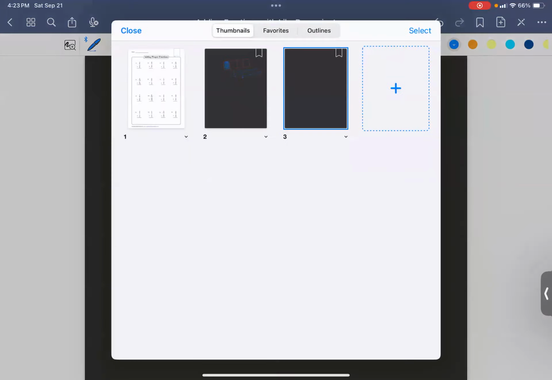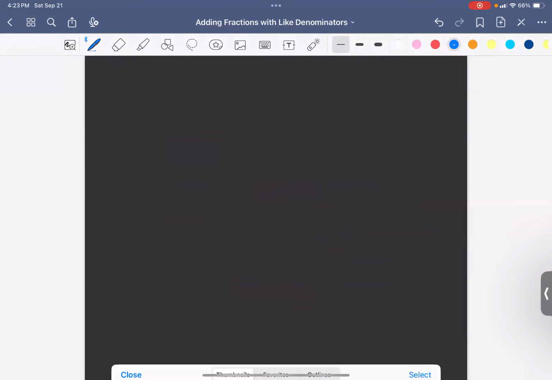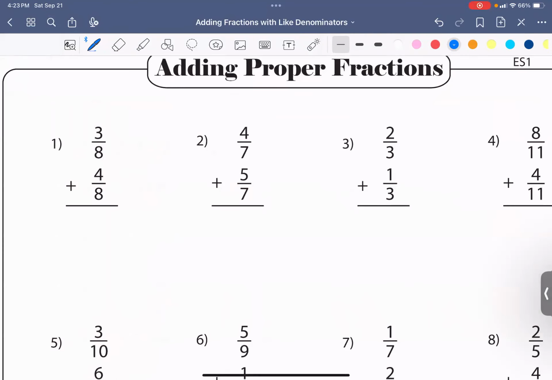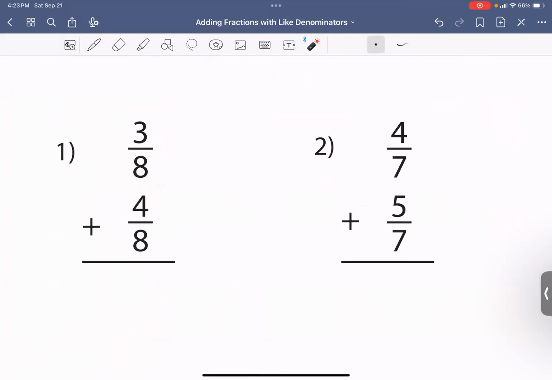So if you are working on math problems with fractions and adding them, and the denominators are the same, the only thing you have to do is add the numerators. So let's take a look.